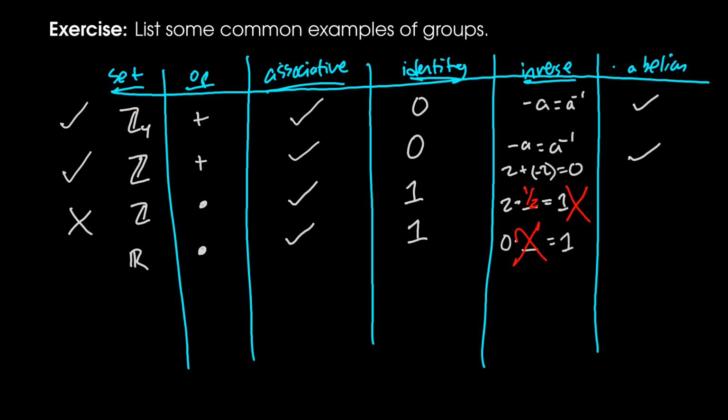So the real numbers are also not a group. But what if I did this? The real numbers throw out 0 with multiplication. So now it's associative. We have an identity. And anything other than 0, for example pi times 1 over pi, gives me 1. I have inverses. And it's abelian. So the real numbers without 0 with multiplication is also a group.